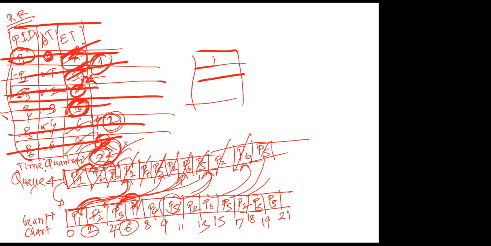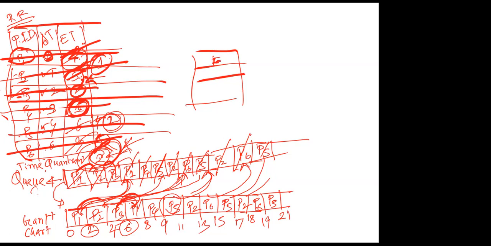Now let's see the advantages of the round robin scheduling algorithm. This is not a priority based algorithm. It depends on first come first serve and a constant time quantum. So there is no starvation problem. Also, there is no convoy effect problem.